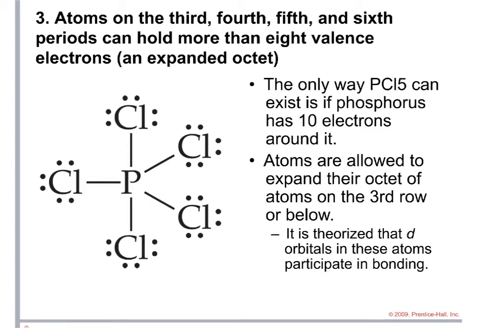And those elements, any element in the third, fourth, fifth, or sixth period on the periodic table, essentially the bottom half of the periodic table, are capable of expanding their octets and holding more than 8 valence electrons. So this compound, for example, is phosphorus pentachloride.